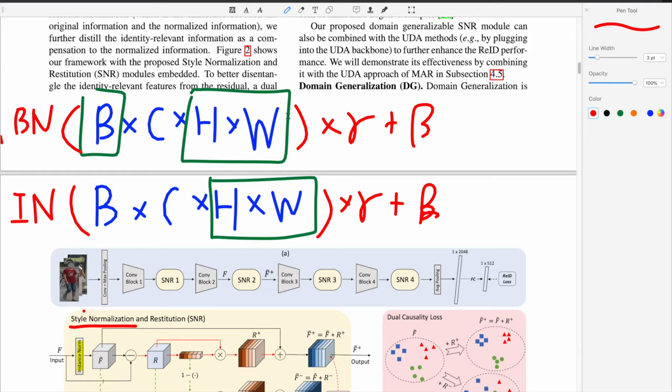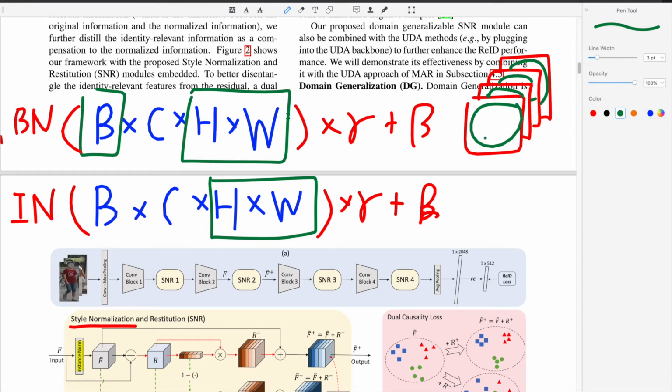Styles of the images are image specific. Let's say you have a batch of images and the style of each of these individual images is unique. So they should not be correlated, or the information should not be influencing the images in the other batch.